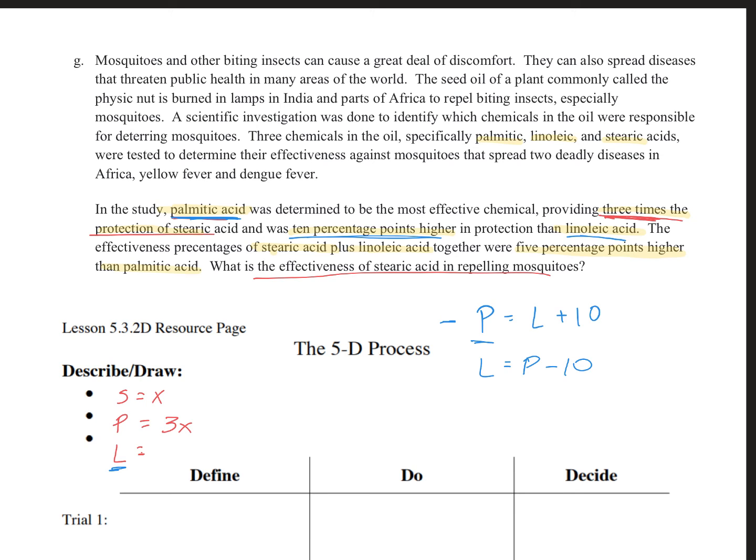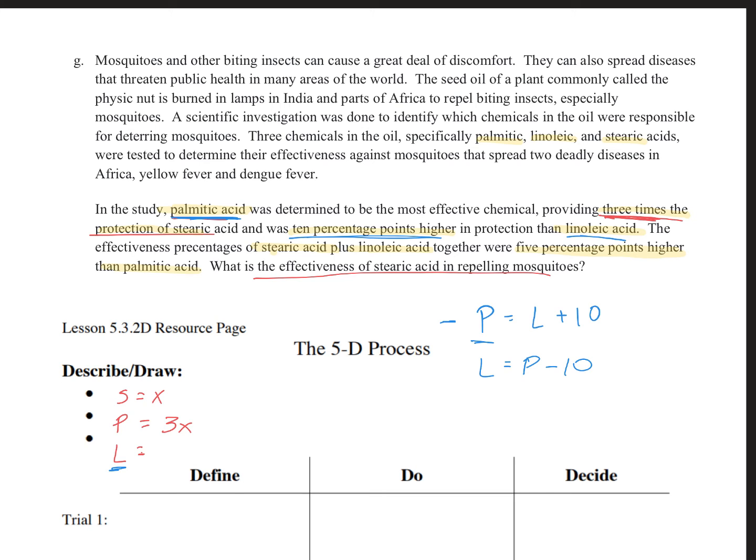Again, palmitic acid is equal to linoleic acid plus 10%. If we just reverse that, linoleic acid is equal to palmitic acid minus 10%. Palmitic acid is 10 percentage points higher; in other words, linoleic acid is 10 percentage points lower.